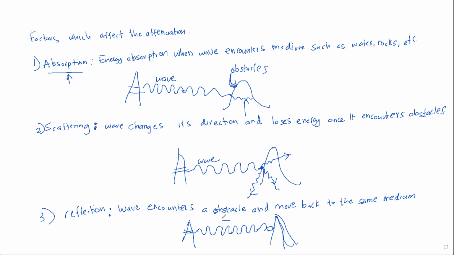This is the forward wave, and part of the wave hitting this obstacle will move back in the direction it came from, but with lower amplitude.